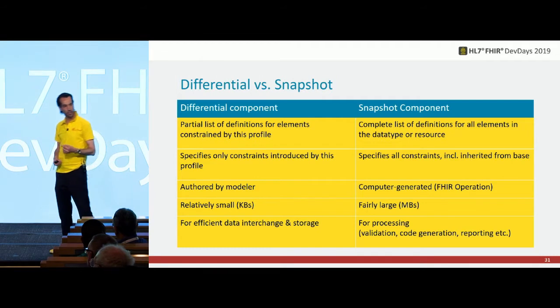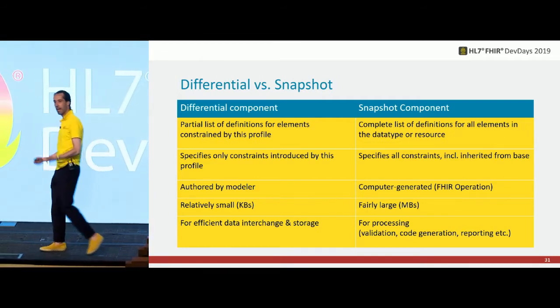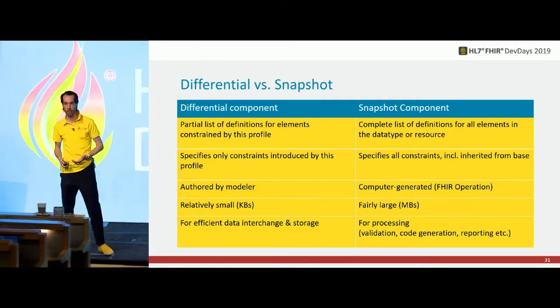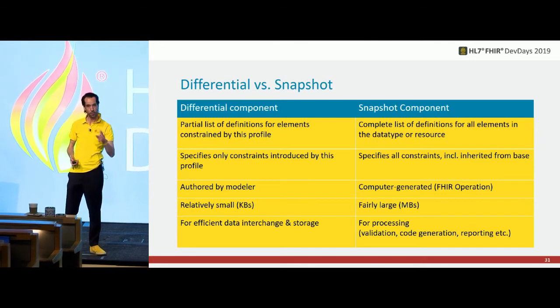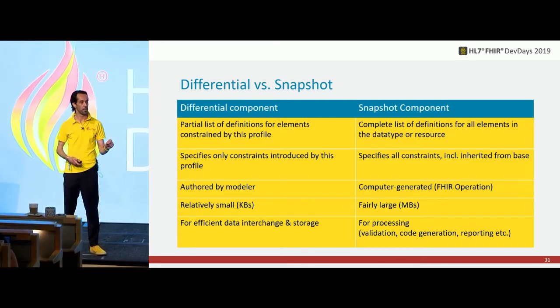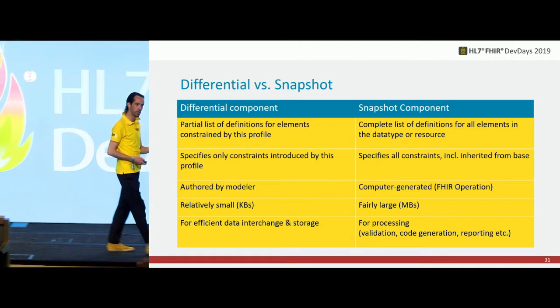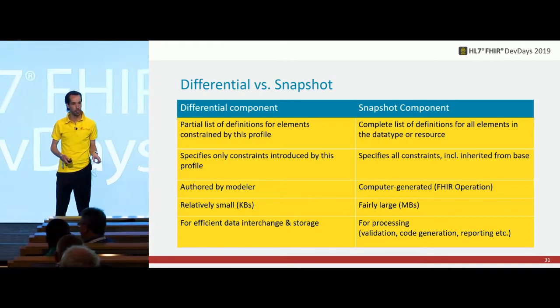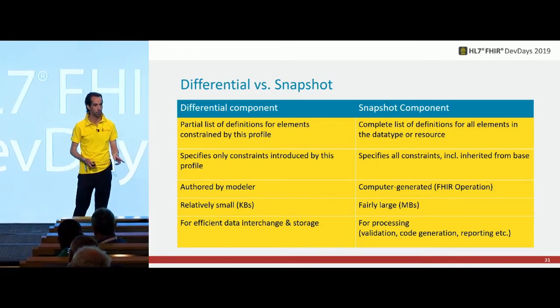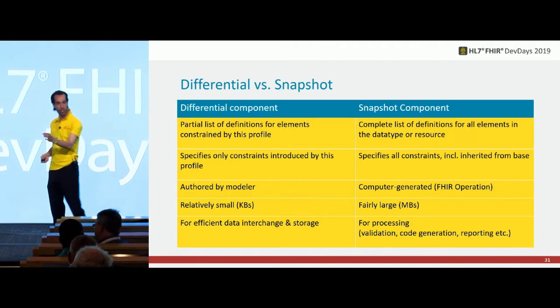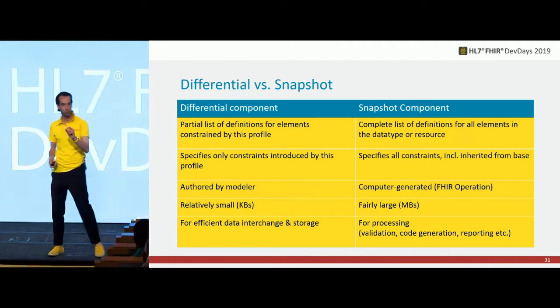But there's a lot of redundancy in there, because usually you will inherit a lot of elements from the base profile, from your patient, and you just constrain 2 or 3 elements. The differential only describes these modifications. And usually as an author, you're only interested in a differential. You want to know, what did you change with respect to that standard FHIR patient? You added an extension. That's what I'm interested in. And the differential just zooms in on these differences, and you can present that in the UI.